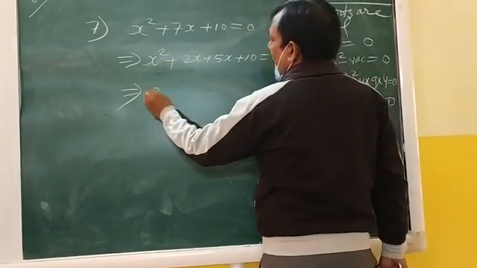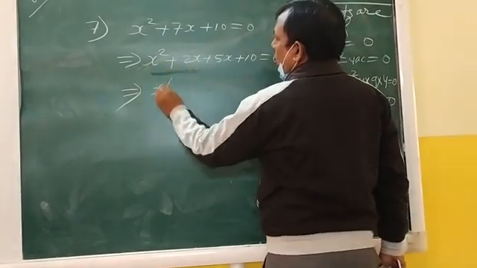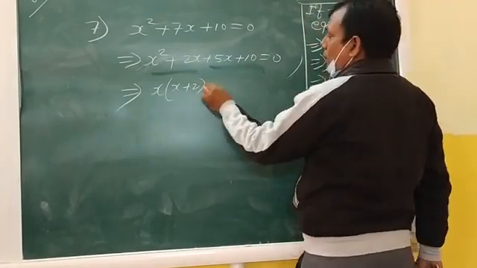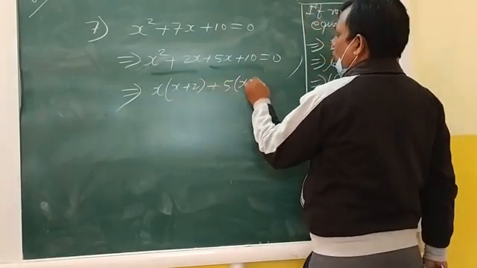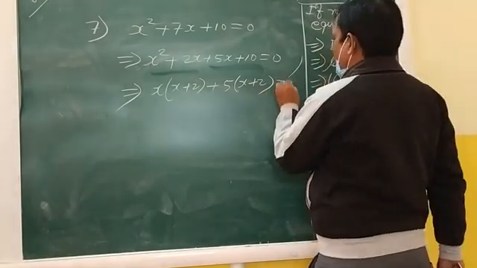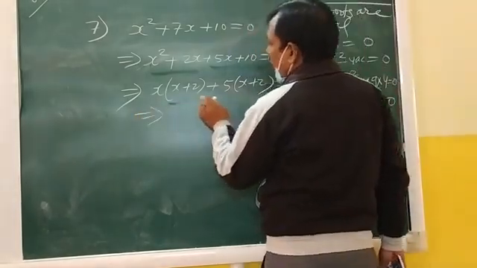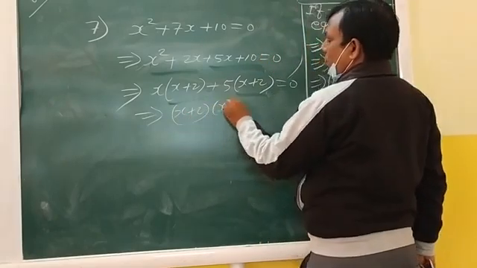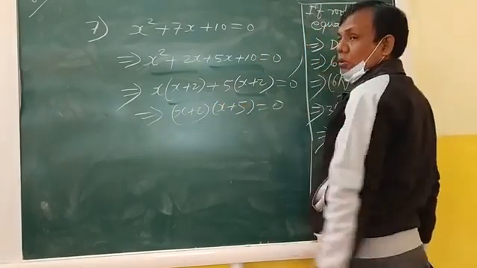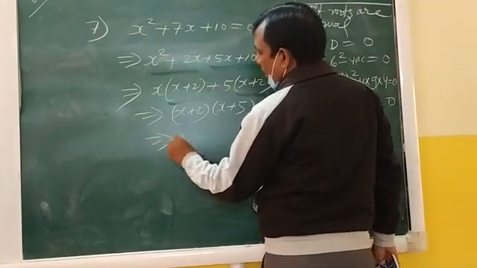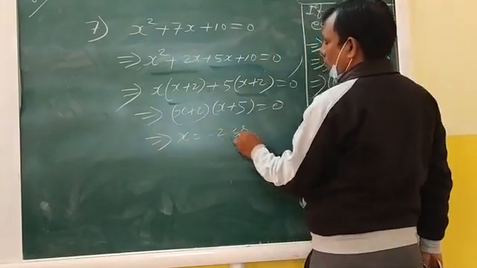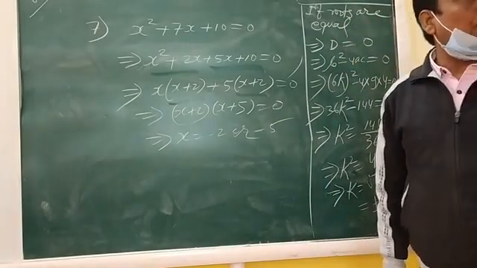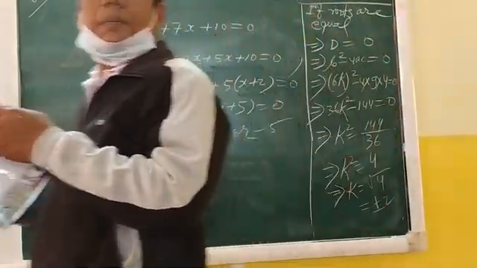Here when you take x common, you will get x plus 2, and here when you take 5 common, you get x plus 2 equal to 0, which implies x plus 2 is common, it will be x plus 5 equal to 0, which implies x equal to minus 2 or minus 5. Done? Got it everyone? Clear?